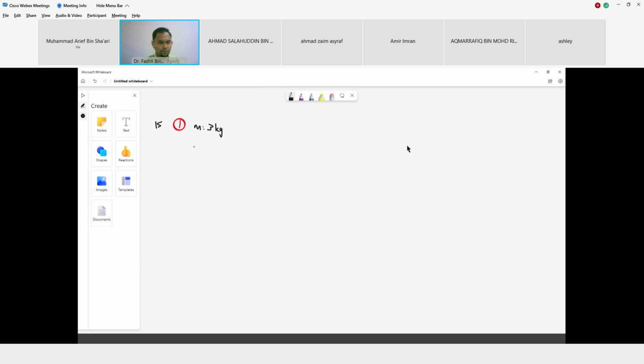So that means phase one, or the initial phase, is saturated liquid, at 200 kilopascal. P1 is 200.